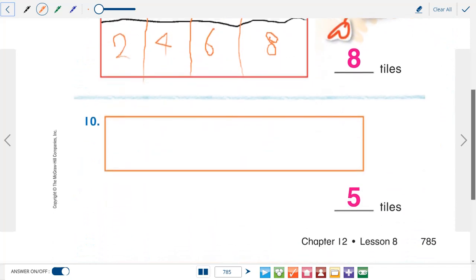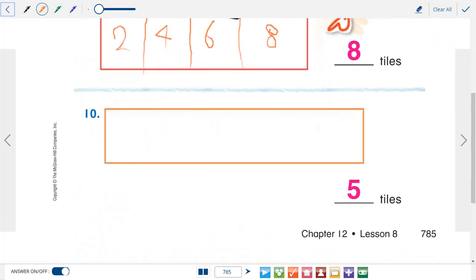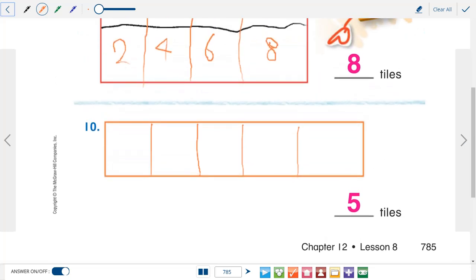We call them tiles. But because you're in your homes, we can do this. How many tiles here? 5, okay? 1, 2, 3, 4, and 5. I know that they are not equal, but they must be equal, okay? Yes. Let's see the next page.